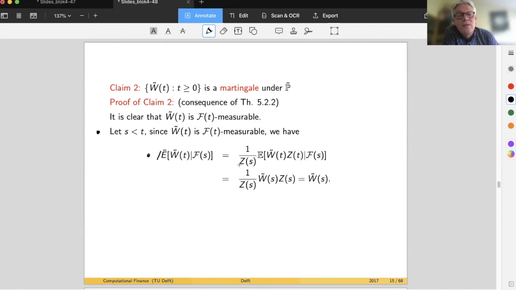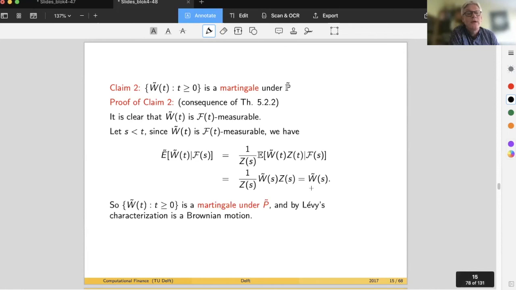And if we multiply by 1 over ZS, then these two cancel out. And in fact, what we get is W tilde S, what we want, right? So in fact, if we look at that, that tells us that W tilde T is a martingale under P tilde. And then by Levy's characterization, it is a Brownian motion.